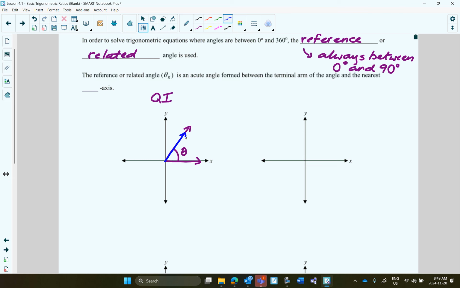So in quadrant 1, every angle's reference angle is the same as its original angle. So if I said find the reference angle for 50 degrees, it's 50. It's the same thing. So the reference angle is always going to be equal to the original angle we're given.